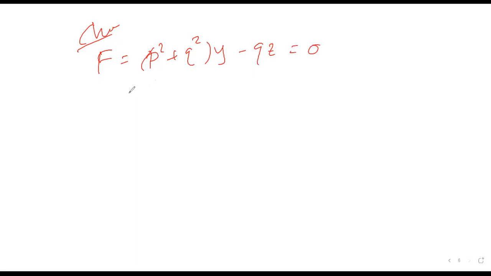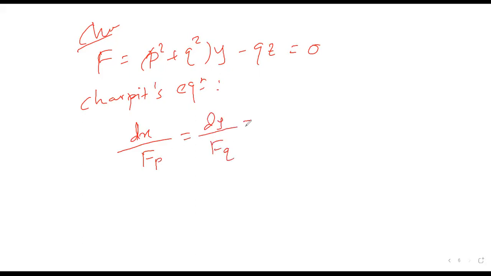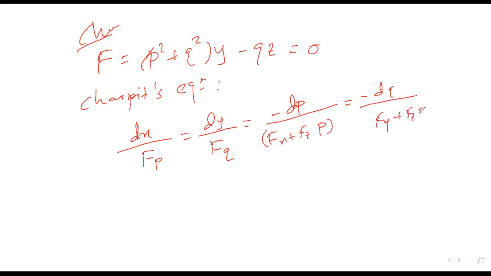So what are our Charpit equations? The Charpit equations we have derived as dx over f_p is equal to dy over f_q is equal to minus dp over (f_x plus p f_z) is equal to minus dq over (f_y plus q f_z) is equal to dz over (p f_p plus q f_q).